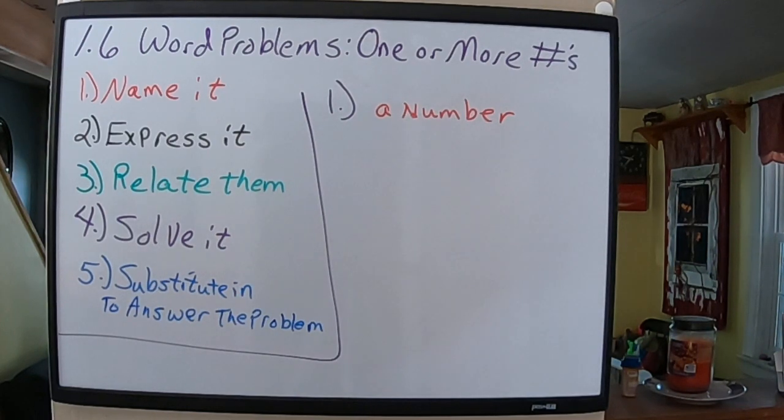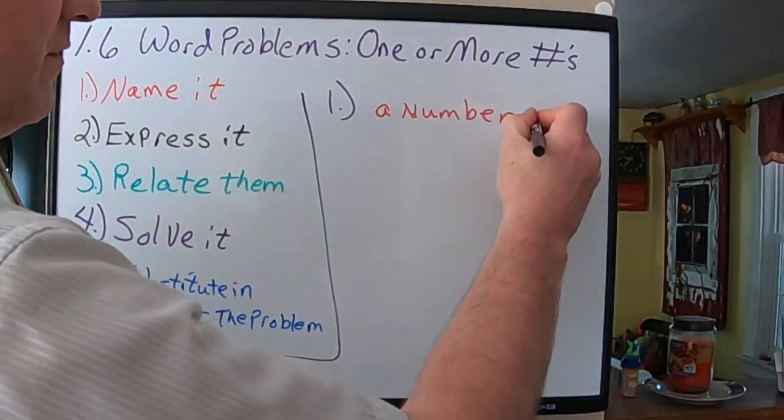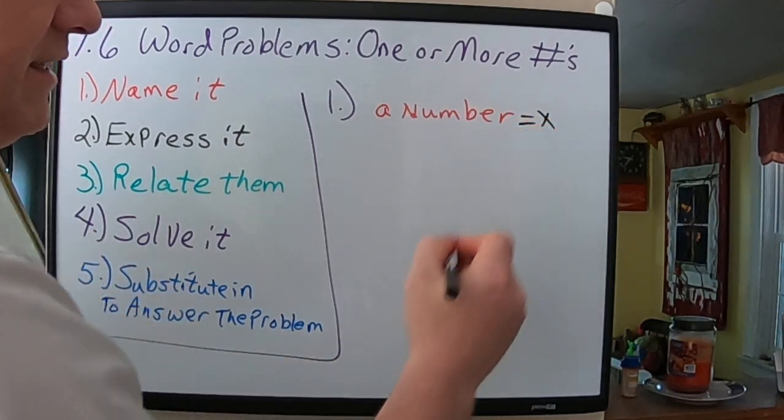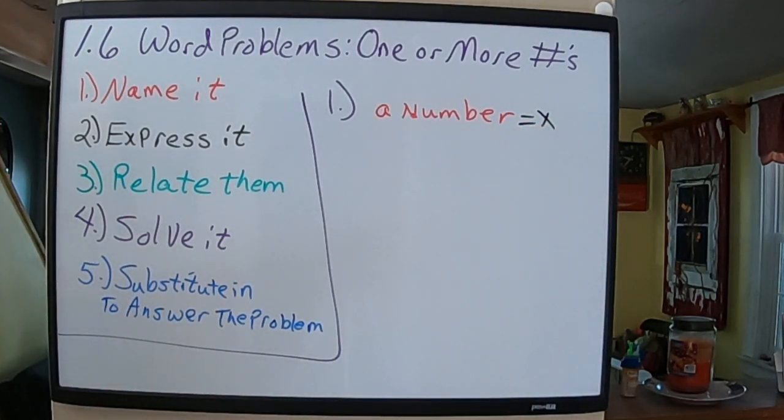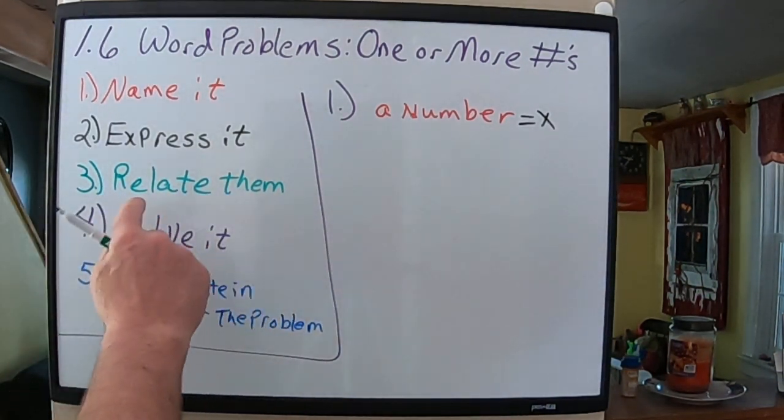The next part is to express it algebraically. How do I express a number with a variable? Let's call it x. So now that we know we're talking about a number called x, or whatever you choose as a variable, the next part is to set up an expression representing the situation.